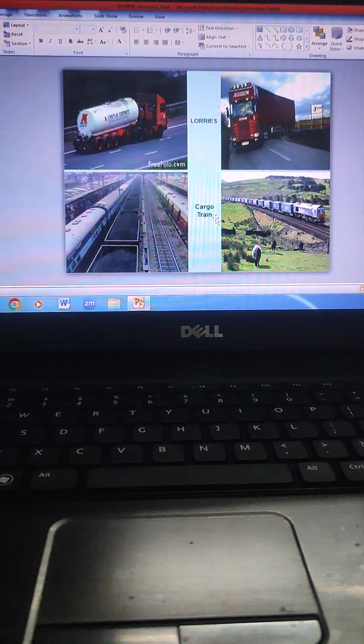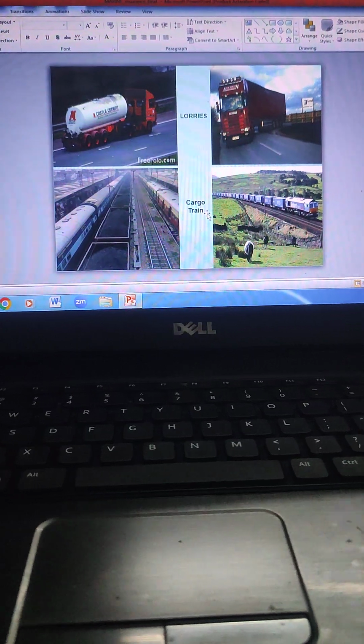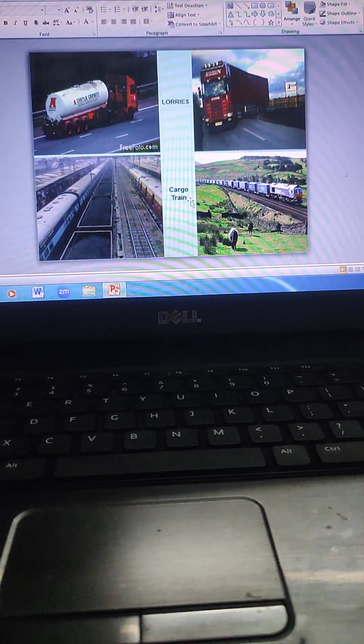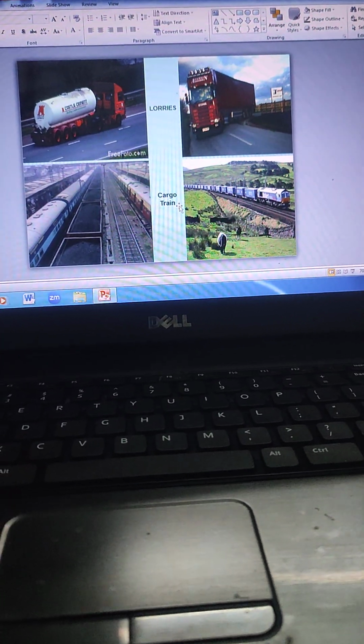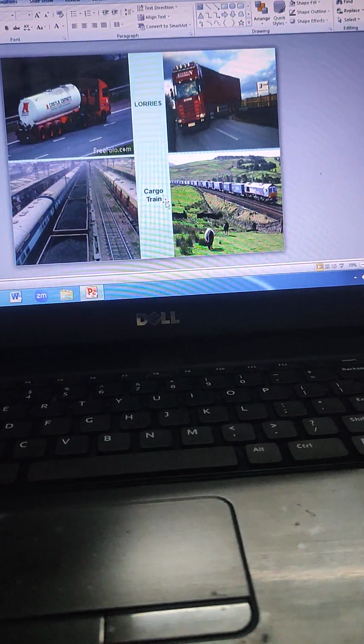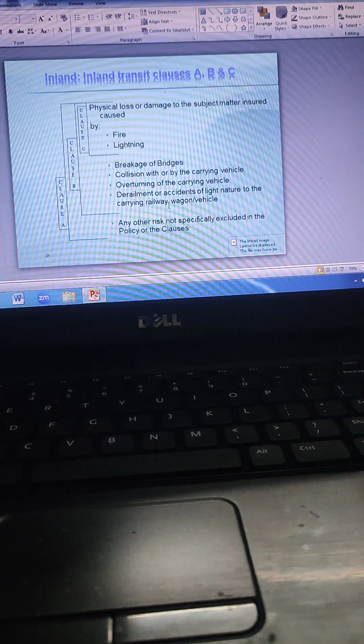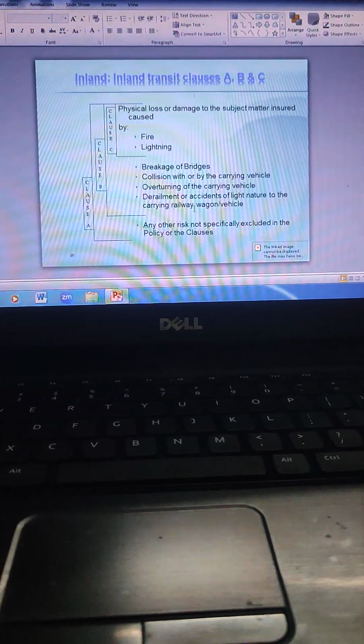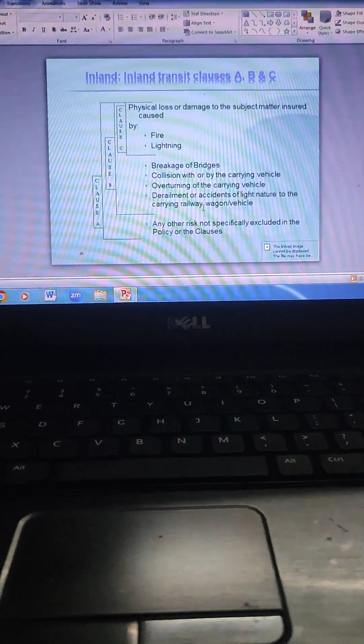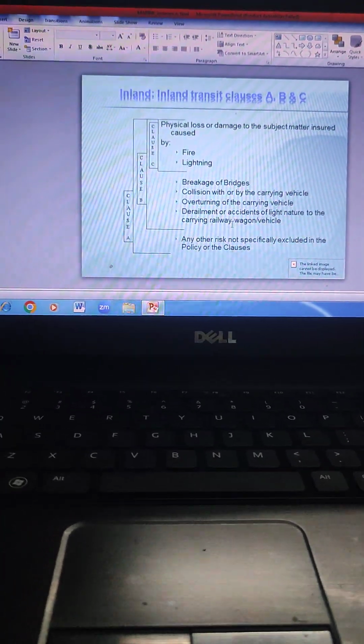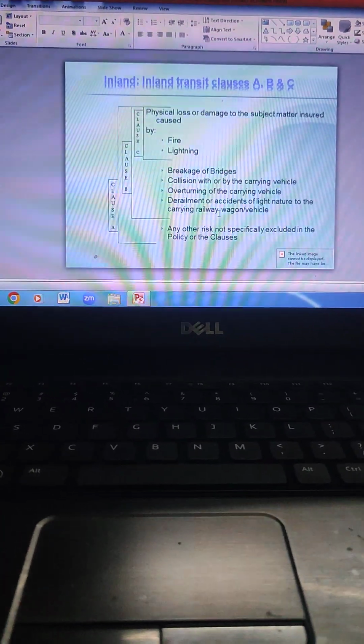Then these are the vehicles which are used for carrying the goods through road and through rail. Then comes the inland transit clauses A, B and C. C is the smallest, which covers only 2 risks, fire and lightning.